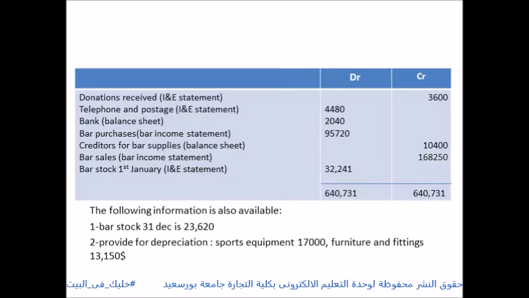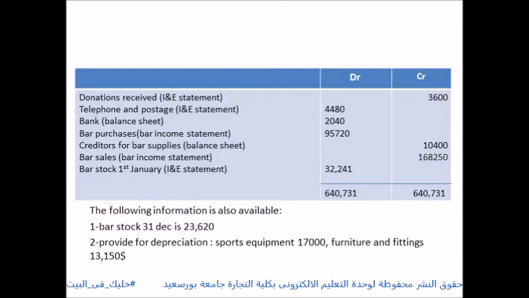Telephone and postage, payment for purchases, creditors for bar supplies, bar sales, bar income statement, bar stock 1st of January, income and expenditure statement. Then he put the total of each side, 640,731 and 640,731, and he gave me also the following information.